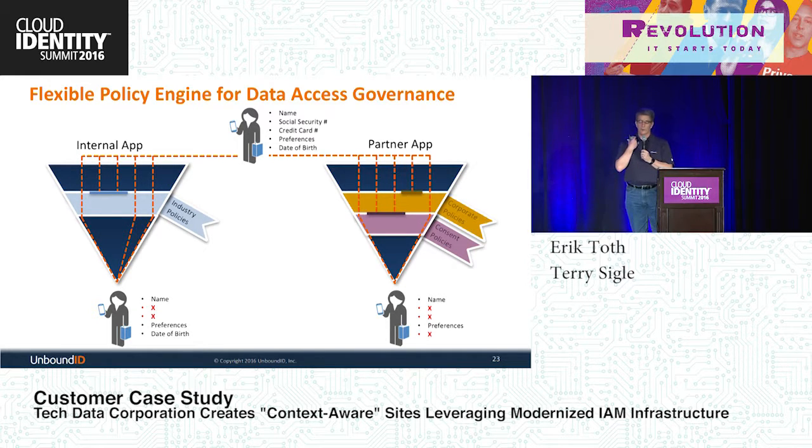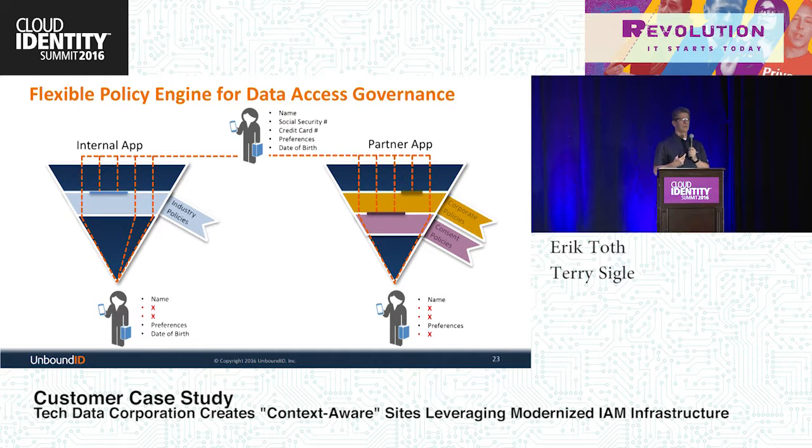Now for a partner app, and this could be a third-party partner app, we see this a lot in the retail space where a third-party app is asking for data about a consumer. Today, a lot of customers just say, well, here you go. Here's all the data. Here's all of our customers. And we trust that you're going to use this data correctly. Or they may do some filtering and say, these are the only ones that have opted out.